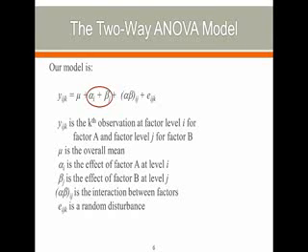Alpha_i is the effect of factor A at that level. Beta_j is the effect of factor B at level j. Alpha beta represents the interaction between the two factors. And epsilon is the random disturbance like we had in regression.